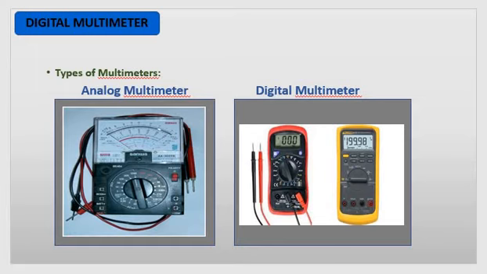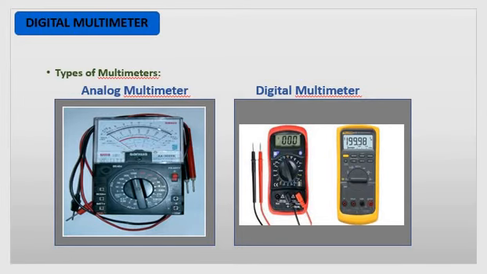The black probe is connected to the common jack, that is the COM jack, and the red probe is connected according to the user requirement to measure either ohm, that is resistance, or voltage or current. The jack marked VM and the common jack, COM jack, on the right of the picture are used for measuring voltage, resistance, and for testing a diode if provision is there.